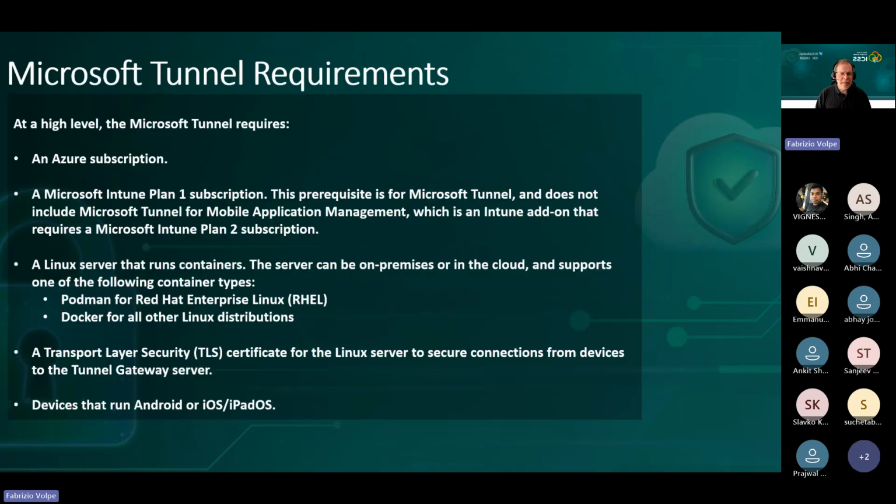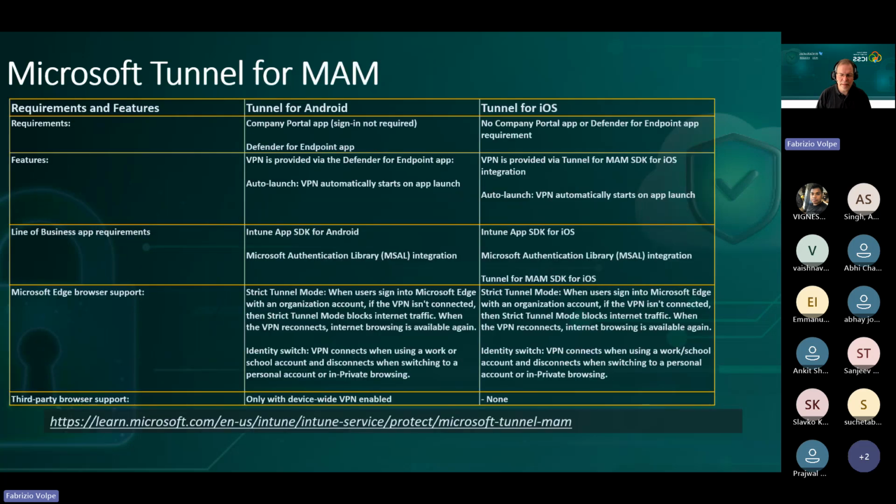What are the requirements? An Azure subscription, plan 1 or plan 2, depending on what kind of Intune sub-plan you have. You need a Linux server that could be Red Hat or a different one, sitting inside your data center, of course. You need a certificate, and you need devices that run Android or iOS.